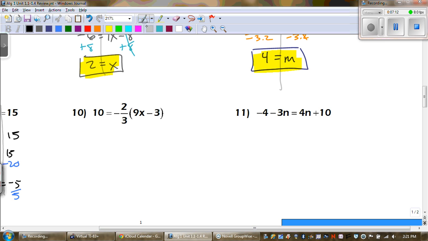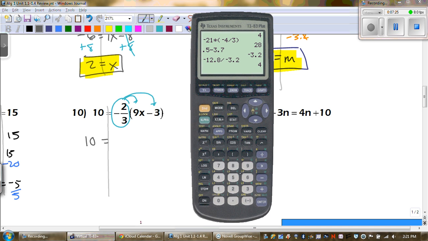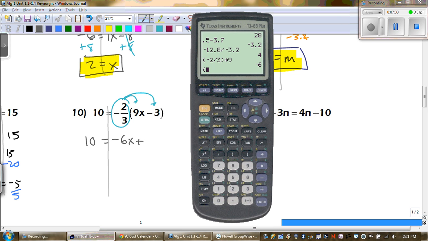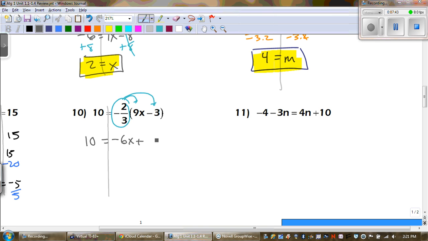All right, 10. We need to distribute the negative 2/3. So we get 10 equals negative 2/3 times 9 equals negative 6, so negative 6x. A negative times a negative is positive. So now I know it's just 2/3 times 3, which is 2.